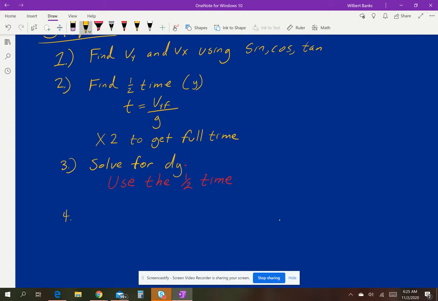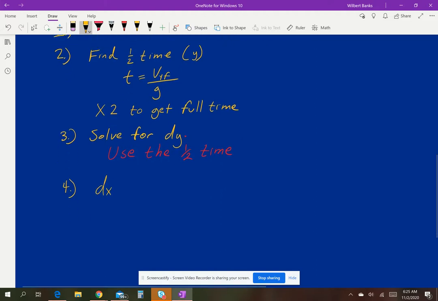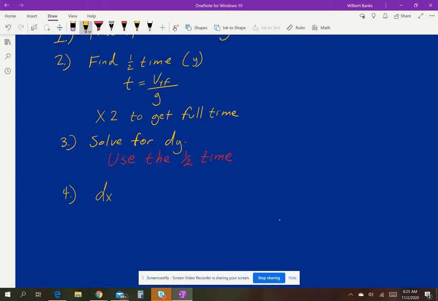Then the fourth thing that you can figure out is the dx. Okay, and how do you do that? In order to figure that out, you're going to have to use your Vx and full time.